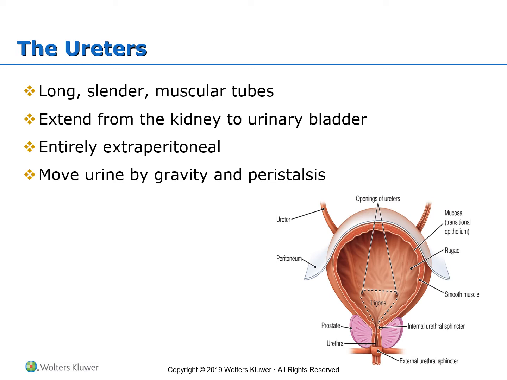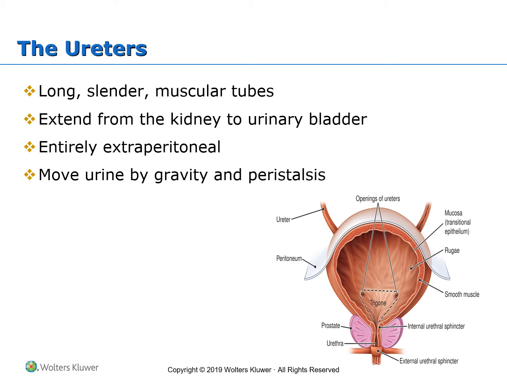Very close to the place where they need to join the urinary bladder, about an inch of the terminal distal ureter, the end, the part that connects to the urinary bladder, will pass through the walls of the urinary bladder.